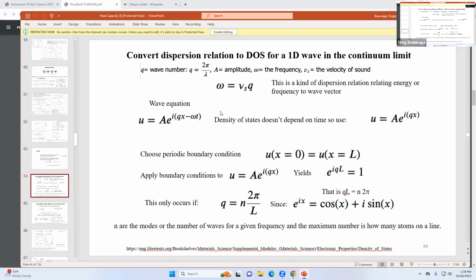I guess you need to apply periodic boundary conditions or some kind of boundary conditions to the dispersion relation. And then once you have that, you can solve for how energy is distributed.